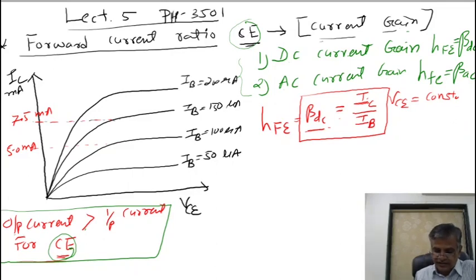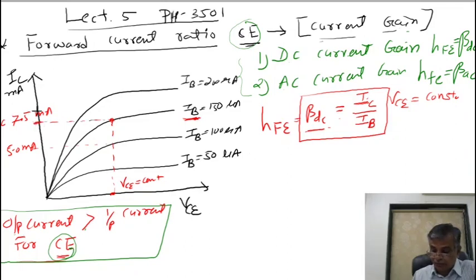For your understanding, I am taking the collector emitter voltage constant. This is fixed. So let us take this IC. This is your base current. I will take two data. For this base current, this is your output collector current.